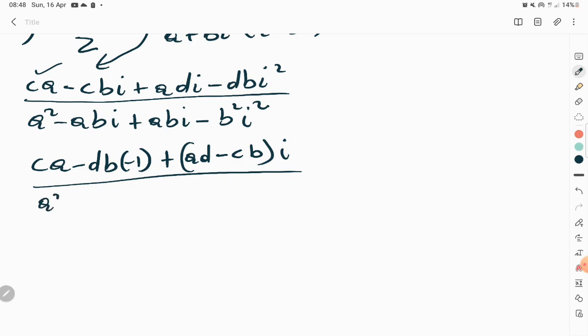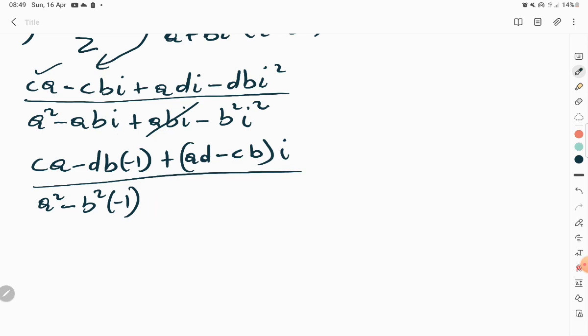We have a squared, which is our real part. Then we have negative b squared, times -1. These are like terms, so we can just cancel them because they are the same. So we just have that.